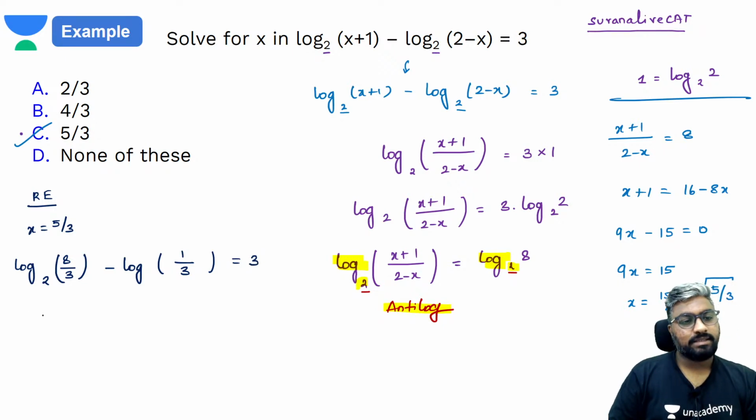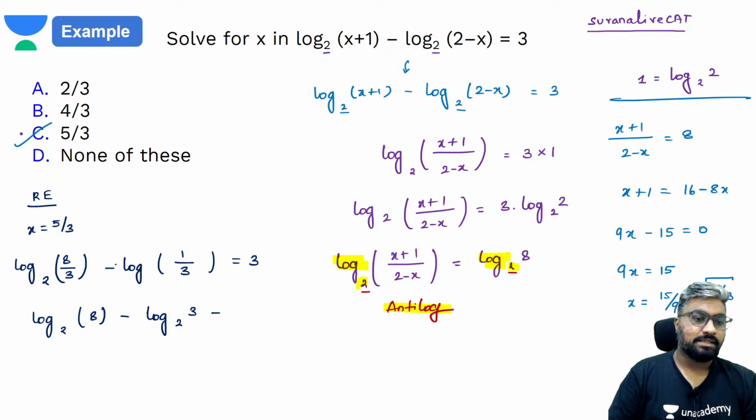How? Look at this. If I break this open, what will we get? We will get log 8 to the base 2 minus log 3 to the base 2, plus log 3 to the base 2, will be equal to 3.